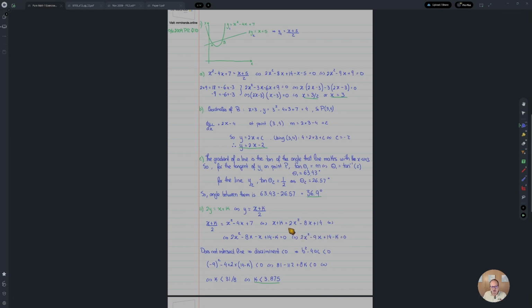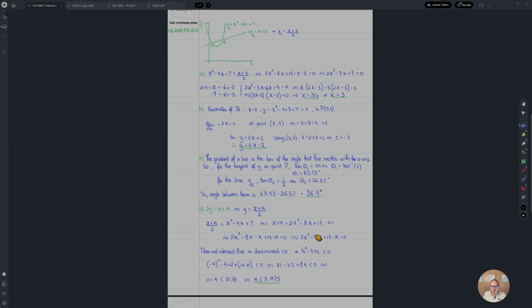And if I want, this is the key part, if I want the line not to intersect with the quadratic, then, as I mentioned before several times, you need to set this up. The discriminant needs to be smaller than 0. In other words, b squared minus 4ac of this quadratic needs to be negative, right?